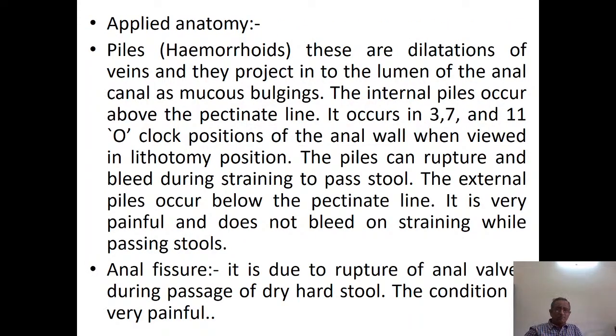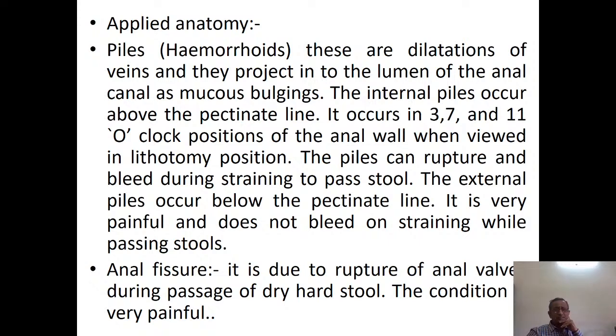Then applied anatomy. Piles or hemorrhoids. These are dilatations of the veins and they project into the lumen of the anal canal as mucous bulgings. The internal piles occur above the pectinate line.